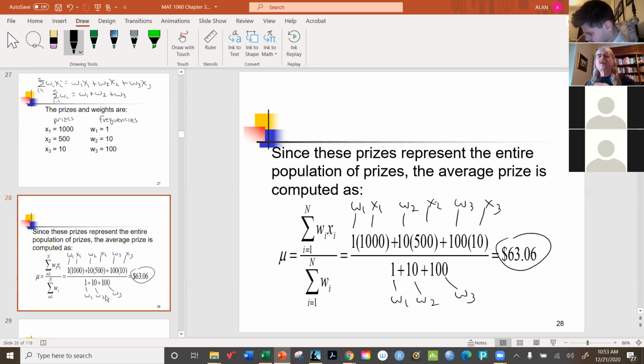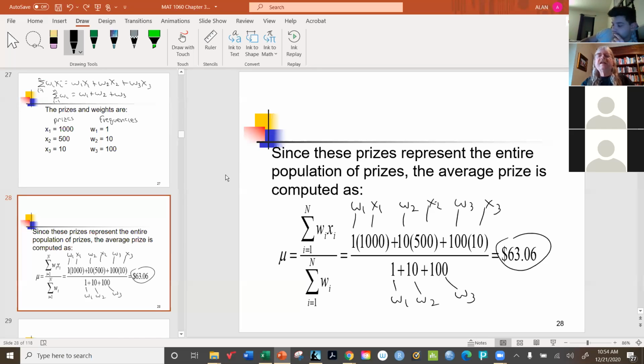Because most of the values are 10. Notice because there are so many 10s in here, compared to 500s and 1000, it stands to reason that the average will be much closer to 10 than to either 500 or 1000. Okay, that's therefore our weighted average.